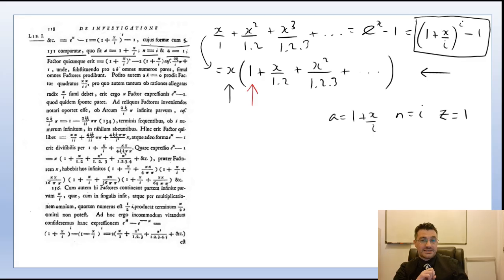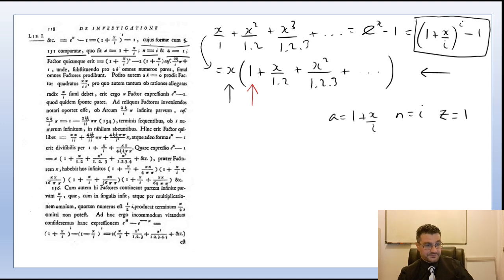But now he's starting to apply that technique when n is infinite, an infinitely large integer. Obviously, from a modern perspective, this is very suspect. You wouldn't do this. It wouldn't be considered legitimate to make that jump from finite to infinite, because just because something works in the finite case doesn't mean it automatically works in the infinite case. Nevertheless, that's what he does, and that's what we're going to be doing here.